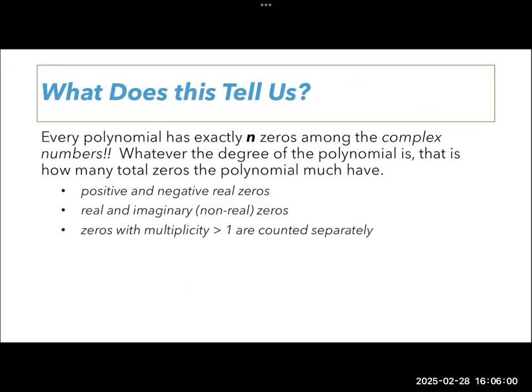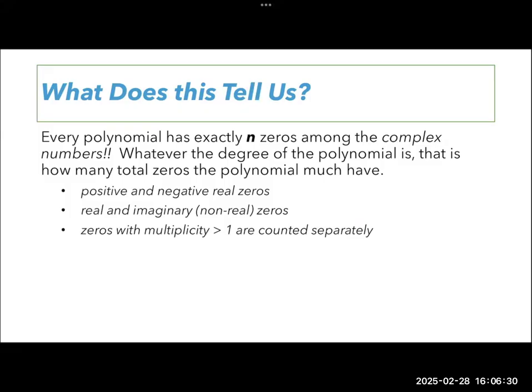Now, if we put these two together, this tells us that every polynomial has exactly n zeros among the complex numbers. So again, reals, imaginaries, whatever. The n represents the degree of your polynomial. Whatever the degree of your polynomial is, that's how many total zeros it has to have.